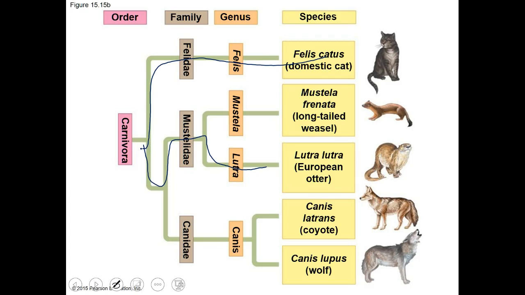For these guys, if we follow, let's say, a wolf, and we followed that back to the otter, go back here, where those guys actually meet would be at this node. So we'd assume that there's a common ancestor right here that these guys branched off from. If you look at the coyote and the wolf, their common ancestor is right here. So it's clearly more recent than some of these others.